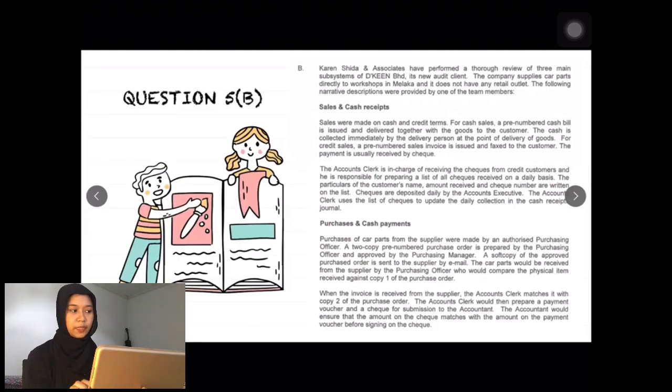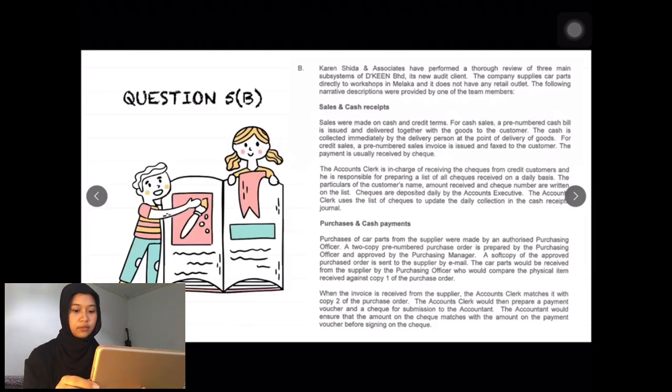Maksudnya kat sini customer tu boleh tak agree dengan harga yang diberikan oleh workshop. Contohnya customer rasa harga yang diberikan oleh workshop ni terlalu mahal untuk mereka. So dia boleh disagree dengan benda tu, tapi dalam situation question ni, dia tak ada discussion about that. Dia terus agree. Yes. There's no discussion between the customer and the company and the workshop.